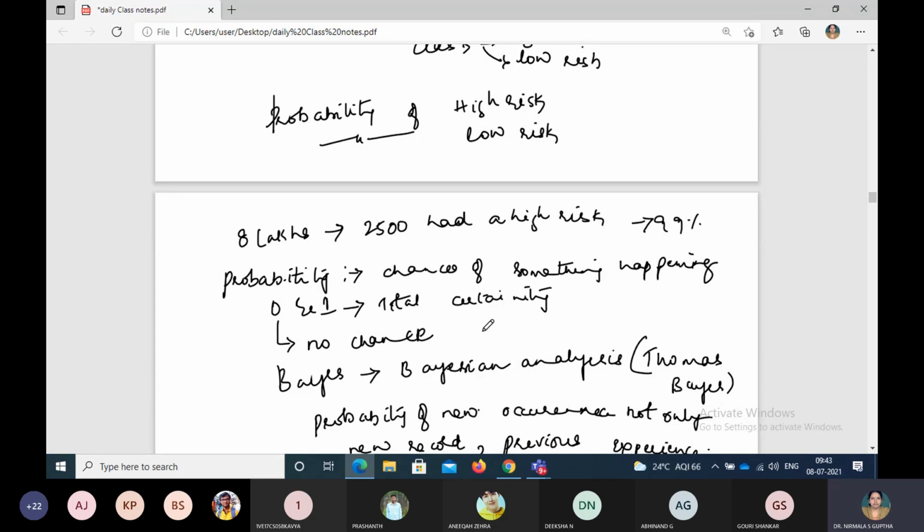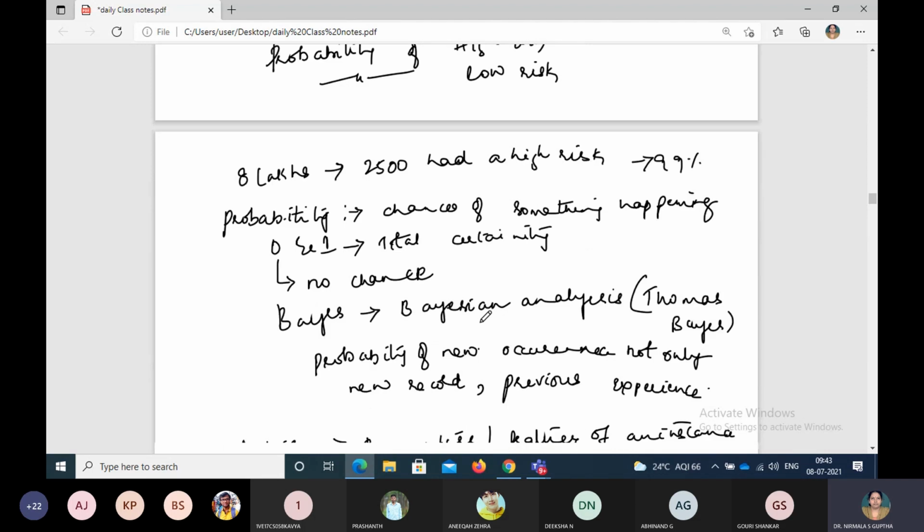So probability is nothing but the chance of something happening, and there are two possibilities for the values. The probability could range from 0 to 1. 0 represents no chance, and 1 represents total certainty. And we need to understand the two words in naive Bayes analysis technique, naive and Bayes.